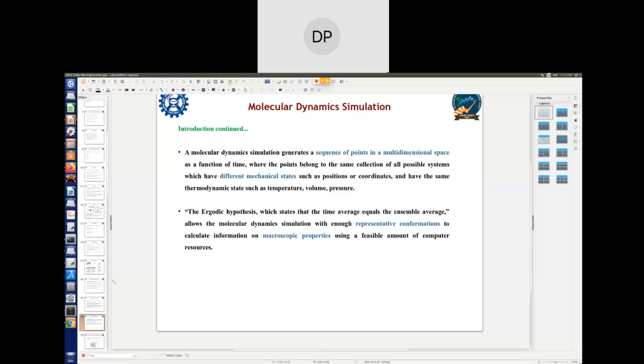So we will have the trajectory at the end, and a trajectory is nothing but the information about position coordinates and velocities of all the constituents of the system under the influence of an interacting potential. That is very important: what kind of potential you are applying on the atoms, right?